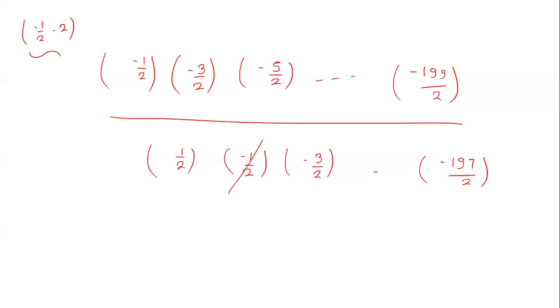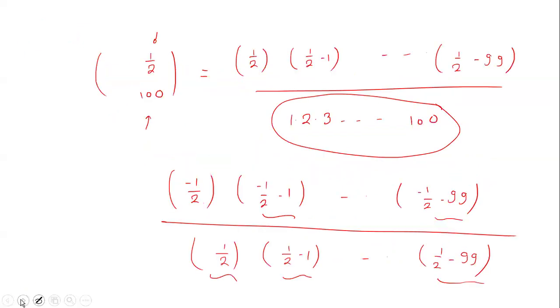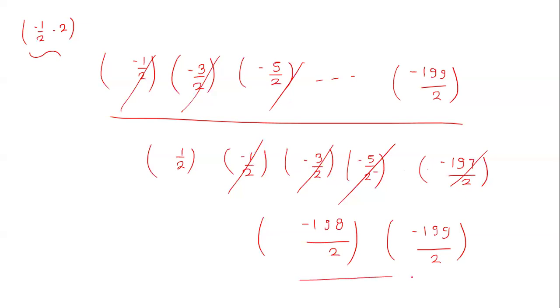You can see this term will cancel with this term, and the next term is minus 5 by 2, which will also cancel with this. So what is the remaining term in the numerator? In the denominator this is half.